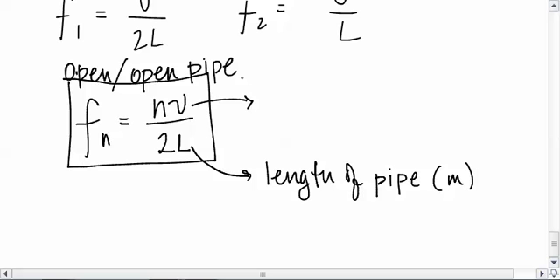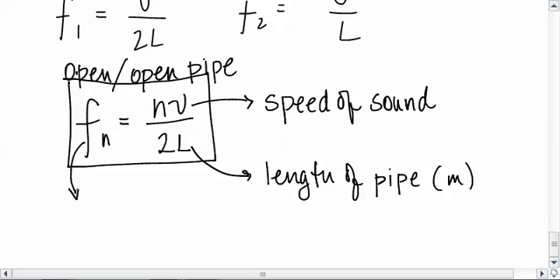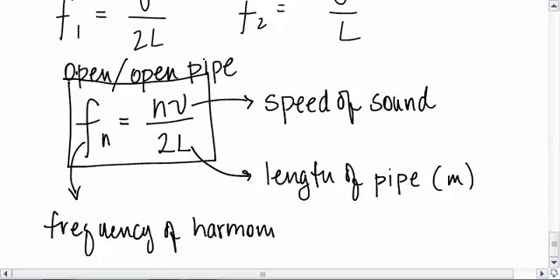And what's the point of playing an instrument? What do we hear? Sound. So it's the speed of sound. And then this is the frequency of the harmonic. And n is the number of the harmonic.